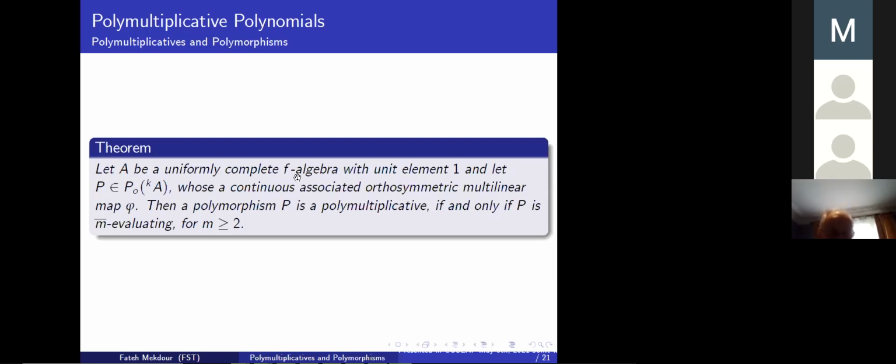There are many reasons to use the uniformly complete F-algebra with unit here: the functional calculus also works on uniform completeness, and the unit gives some properties of the semiprime F-algebra, to be able to get our result.